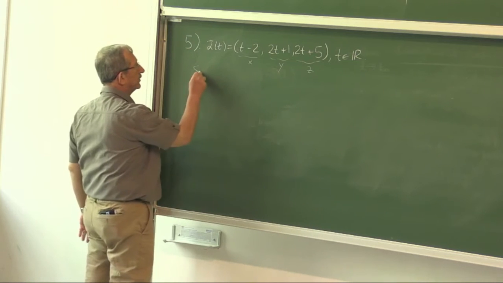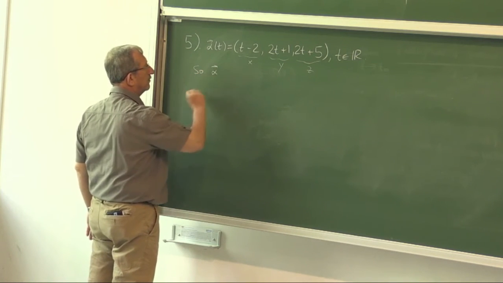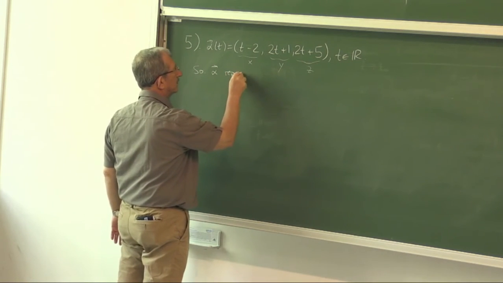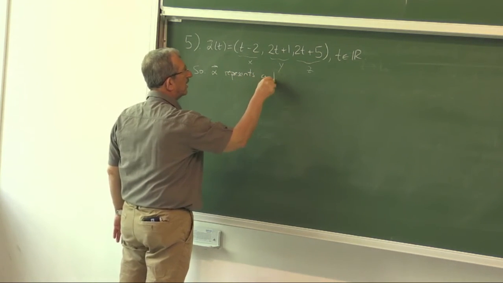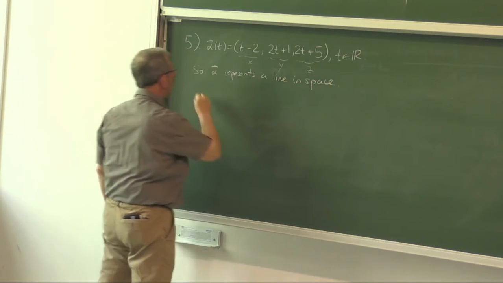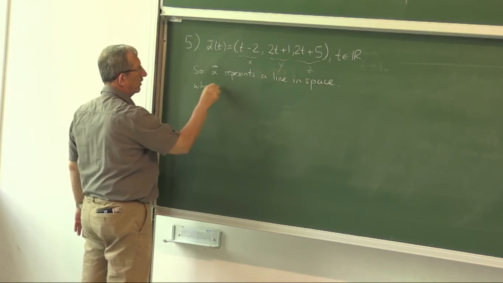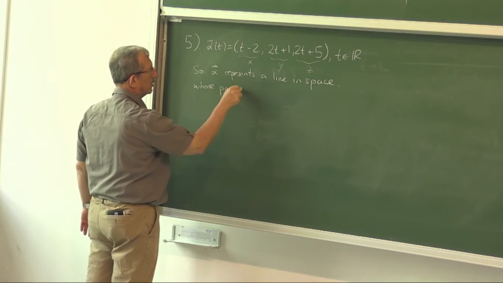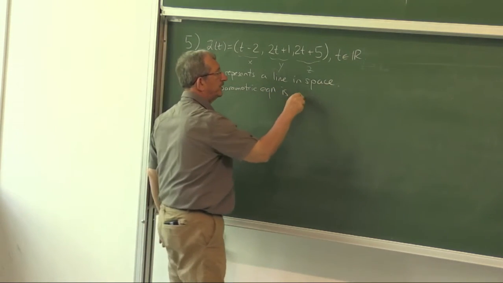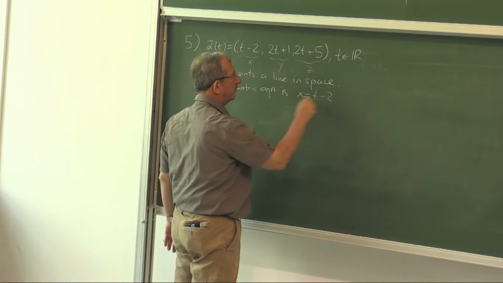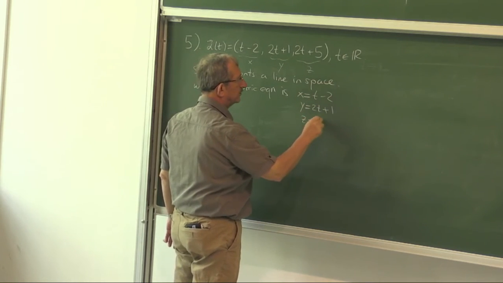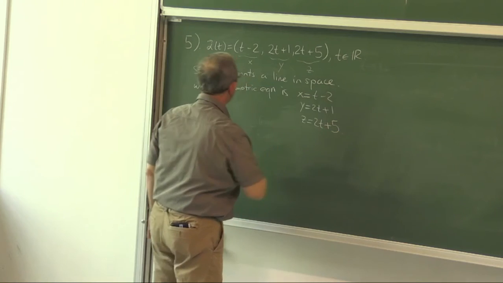So alpha represents a line in space, whose parametric form is x is t minus 2, y is 2t plus 1, and z is 2t plus 5.